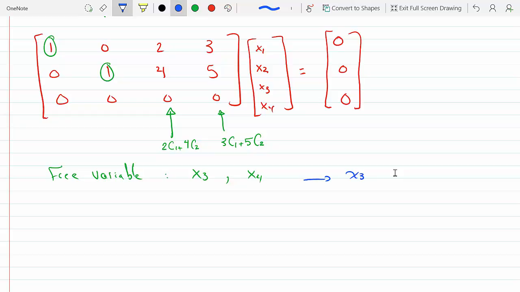This tells me that I could set x3 equals 0 and x4 equals 1. And then I could go and find x1 and x2 from the equations.